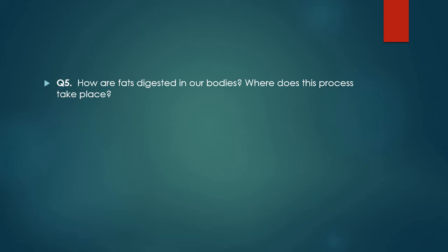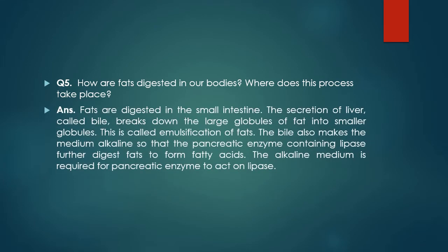Okay, so here is the main thing. I discussed so many things, but you can also write only this much. Fats are digested in the small intestine. The secretion of the liver, called bile, breaks down the large globules of fat into smaller globules, micelles. That process is known as emulsification.